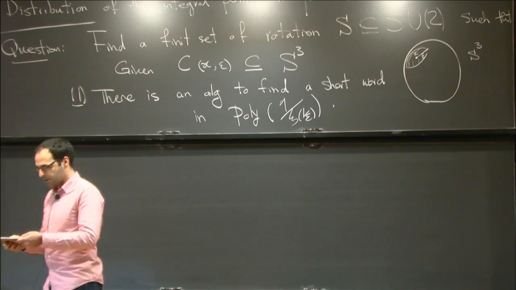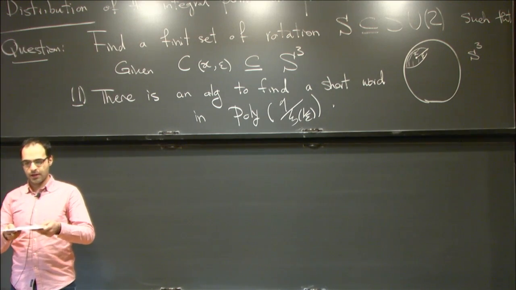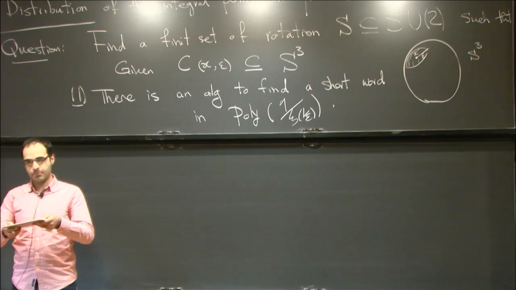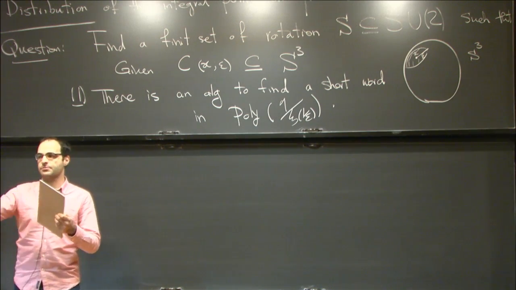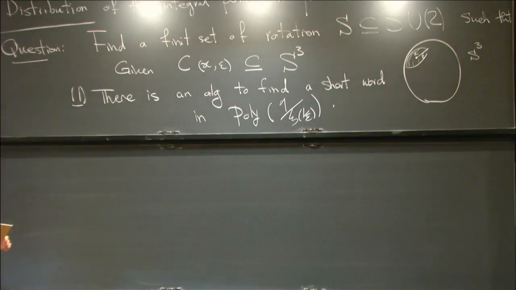So in other words, you want a set of rotations such that I can move this piece of paper by some finite moves to anywhere I want with an epsilon precision.